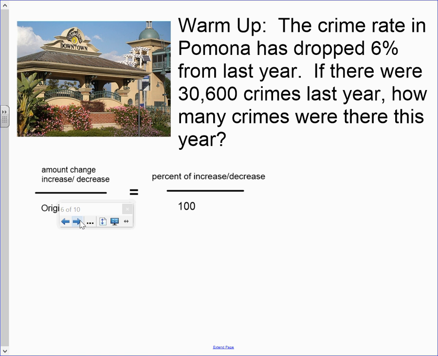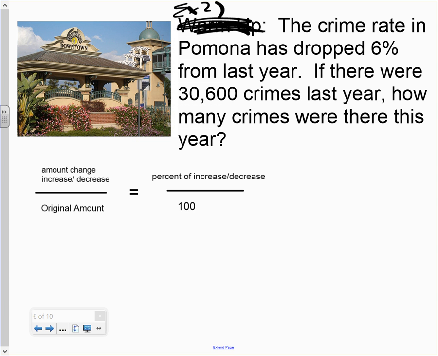Let's do crimes. You guys recognize that? What place is that there? This is example 2. You recognize that picture? Have you been there, downtown Pomona? Where the Metrolink is?